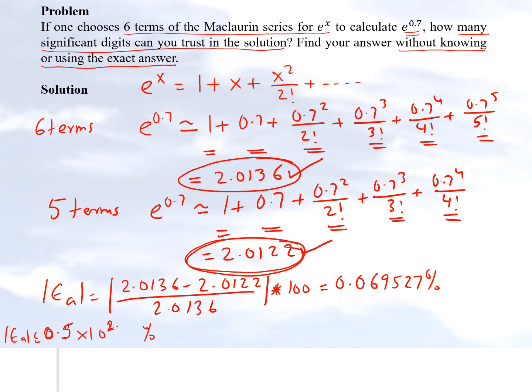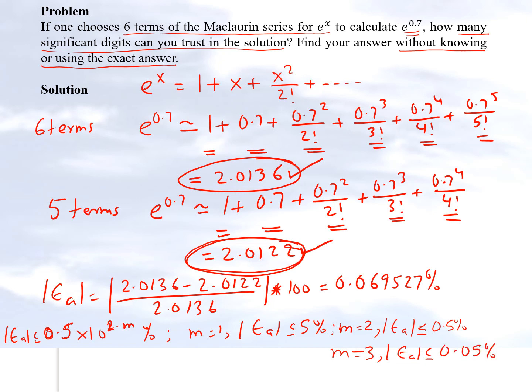So I basically applied that, because when m is equal to 1, epsilon a has to be less than or equal to 5%. When m is equal to 2, epsilon a, absolute relative approximate error, has to be less than or equal to 0.5%.